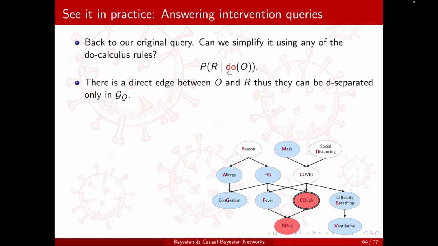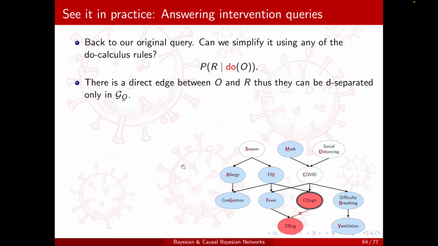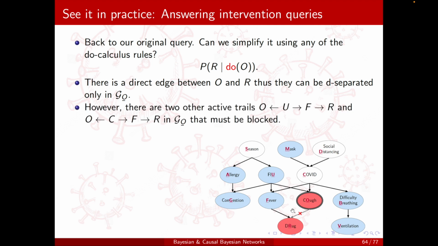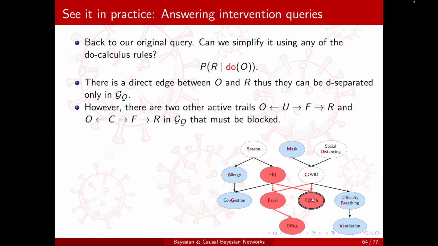So I cannot do anything with the do operator. In order to get rid of it, I need to use the second rule of do calculus and focus on O underline. So I remove this edge, and then I still see 2 active trails: cough, COVID, fever, drug and cough, flu, fever, drug.